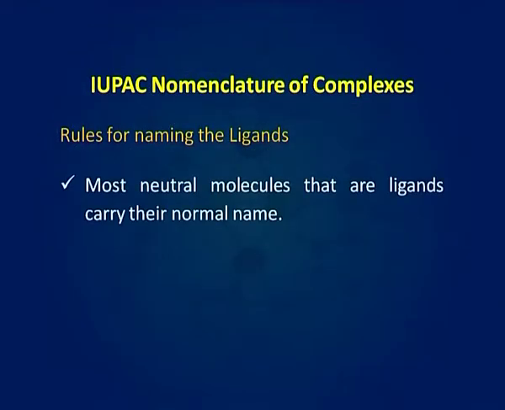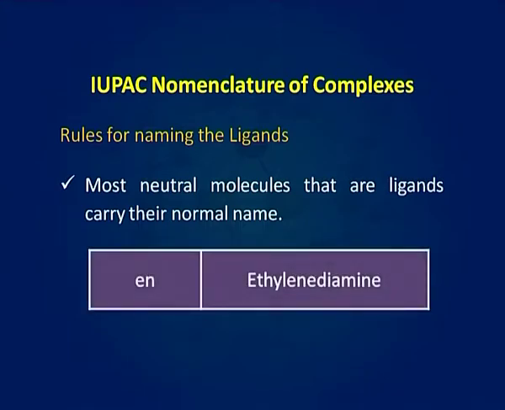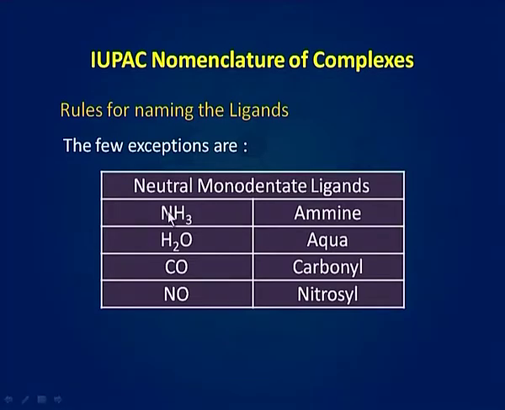Most neutral molecules that are ligands carry their normal names, like en. It is named as ethylenediamine. There are some exceptions also to this rule. These are NH3, which is ammonia, is named as ammine.